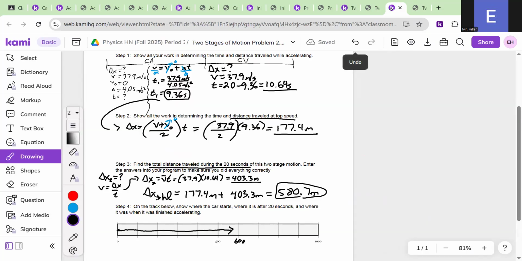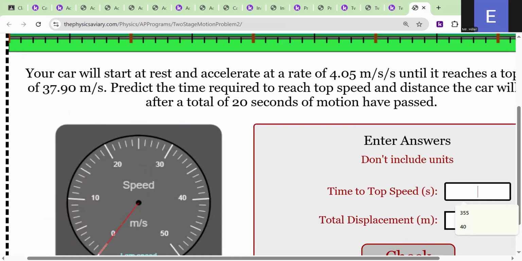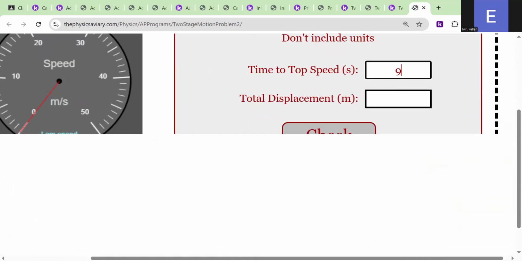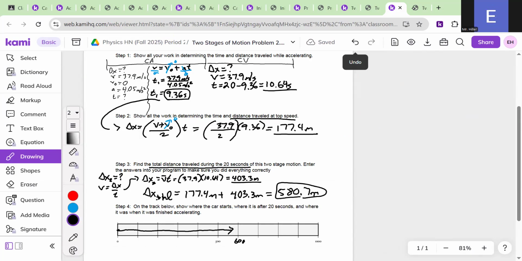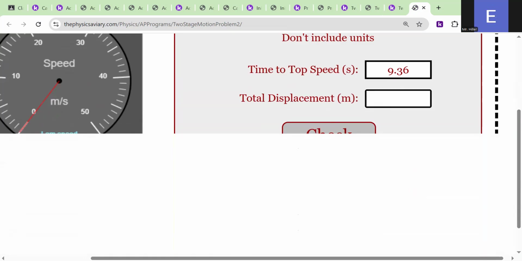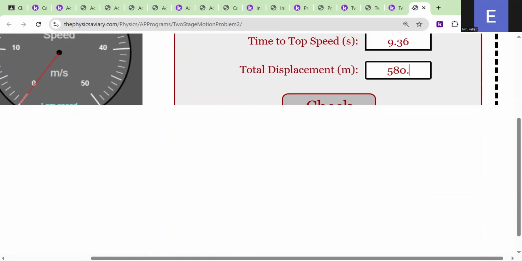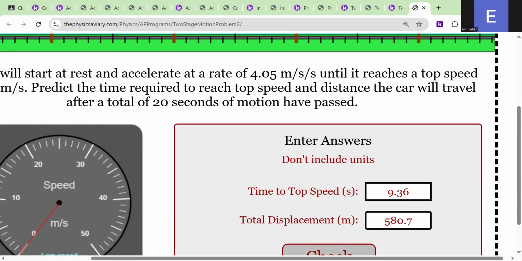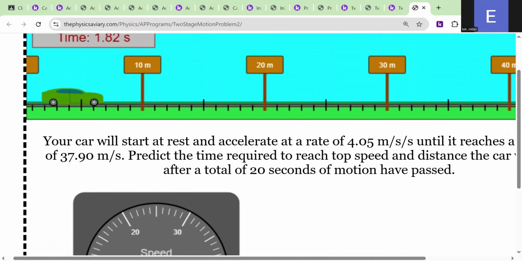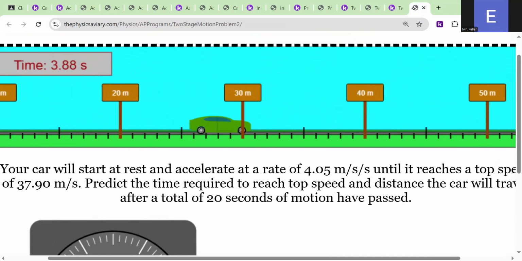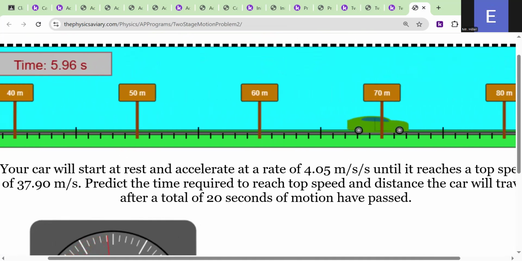Just double check that. 9.36 seconds. And then the total displacement I got was about 580.7. All right. Okay, it's going to accelerate until it gets to 20 seconds, and we'll see how far we went.